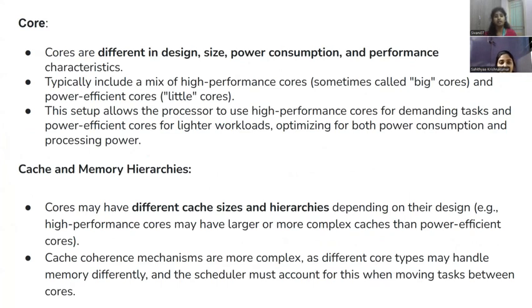As we have seen earlier, the high performance cores are used significantly for computational power. They are capable of executing complex operations quickly, but tend to consume more energy. And speaking about the little cores, they operate at a lower frequency and consume less power, extending battery life in mobile devices and reducing heat generation in laptops.